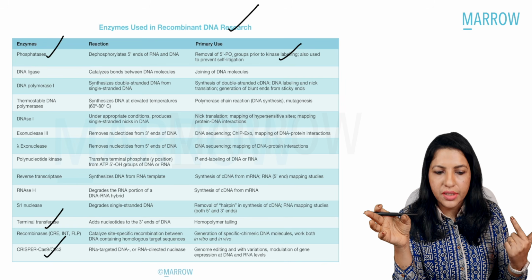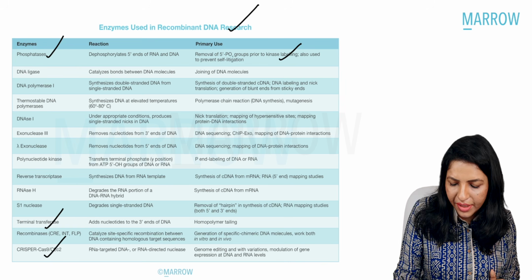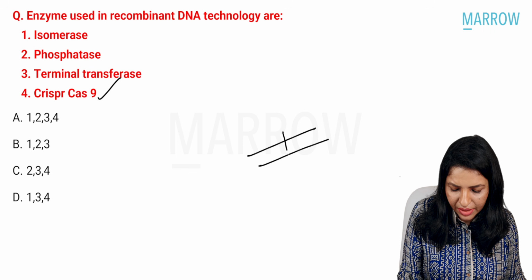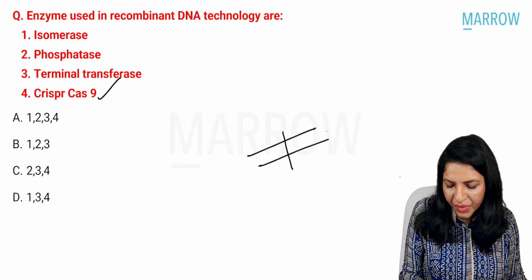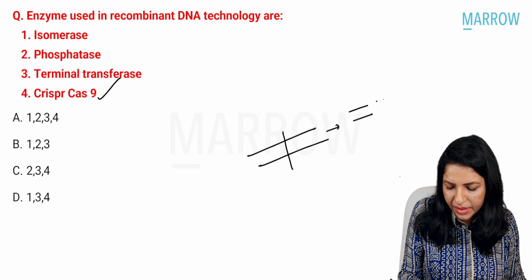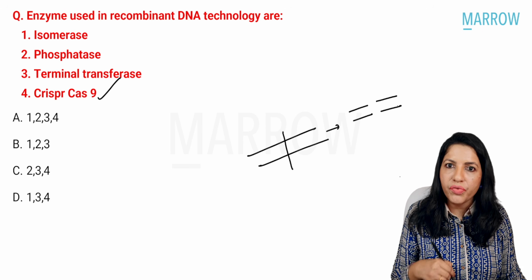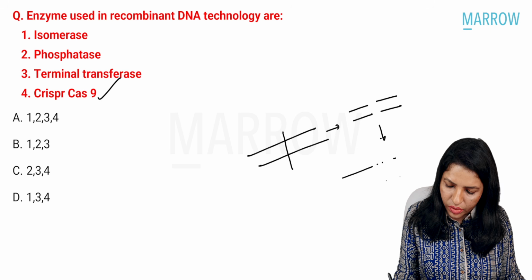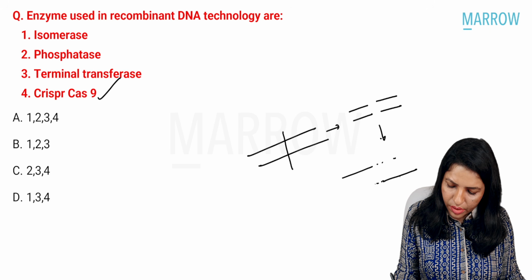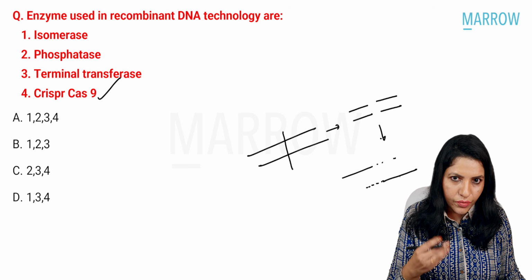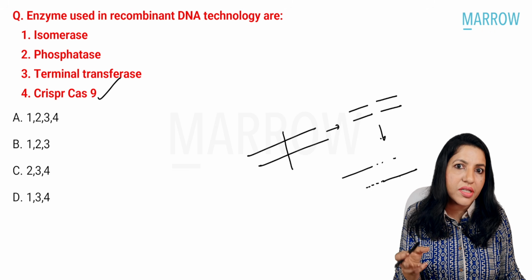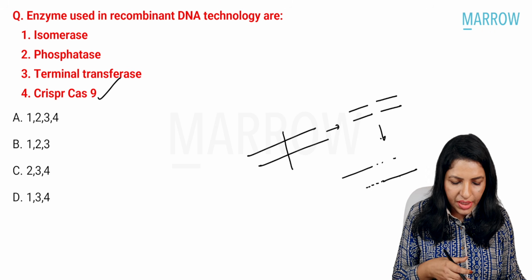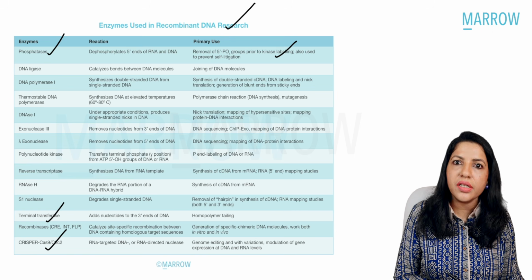Then terminal transferase: sometimes this restriction endonuclease, when it is cutting this double stranded DNA, cuts the DNA like this so that it is creating blunt ends. So we want to convert this blunt end by adding a few more nucleotides to its end, which is called homopolymer tailing. So for that we need this terminal transferase.